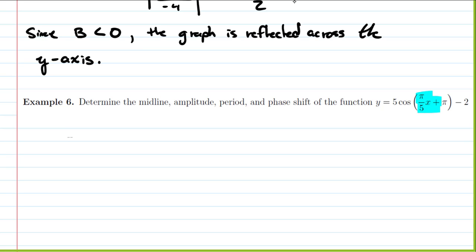We have pi over 5 x plus pi, and if I factor out a pi over 5, that's going to be x plus 5.